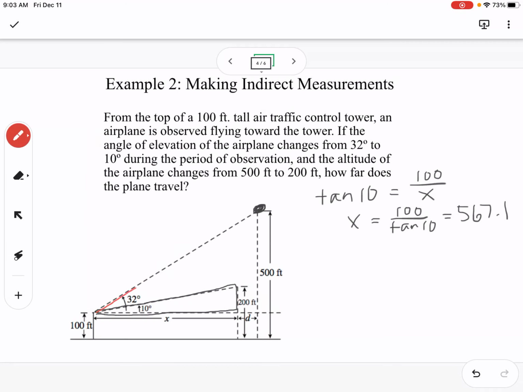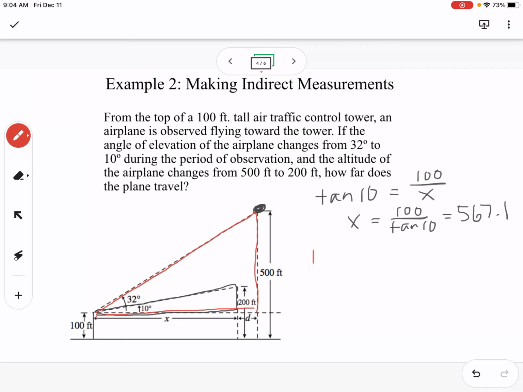Okay, then we're going to focus on the bigger triangle, this one right here. Again, we need to subtract out the 100 feet that the air traffic control tower is. So we have 32 degrees, and 400 feet would be the opposite side, and our adjacent side would be x plus d.